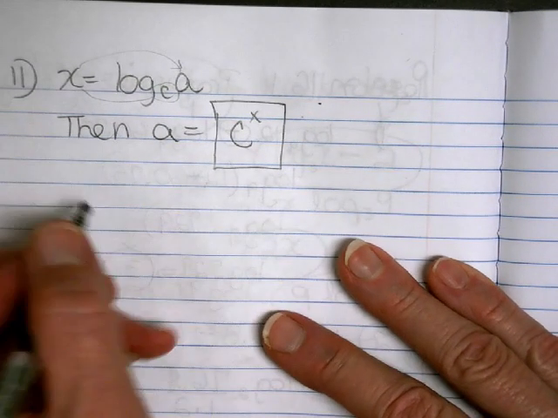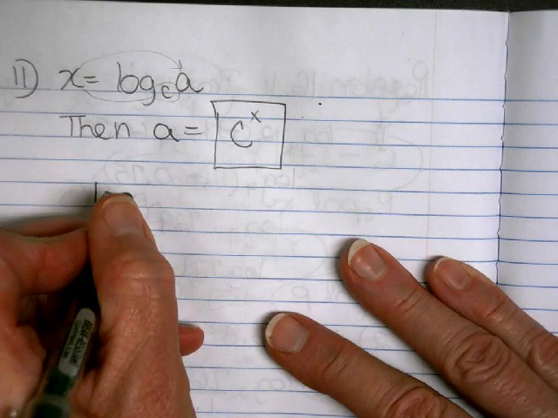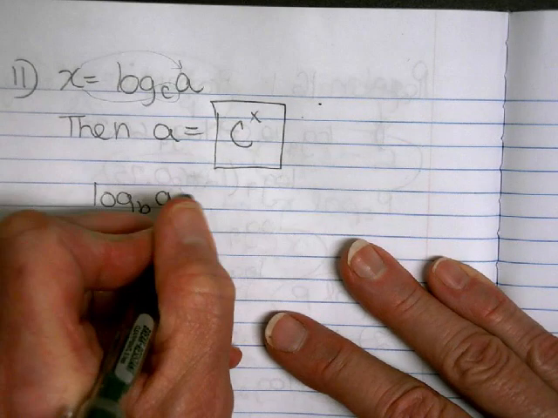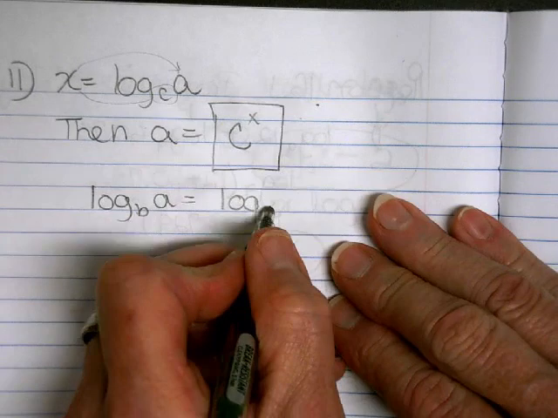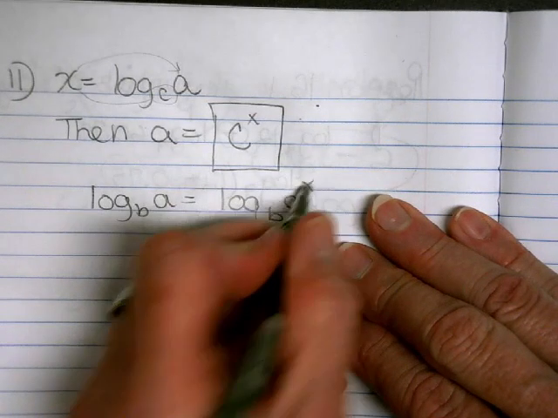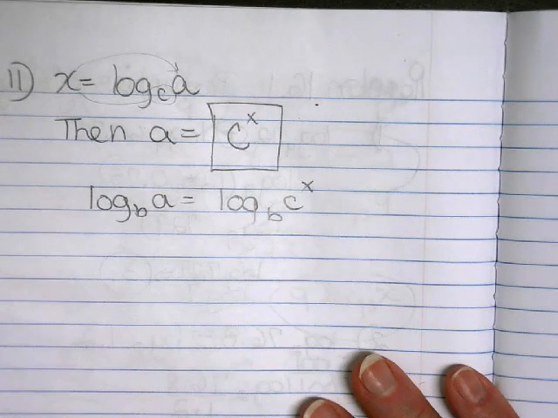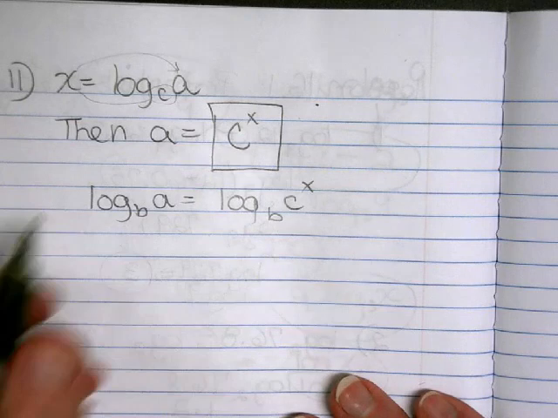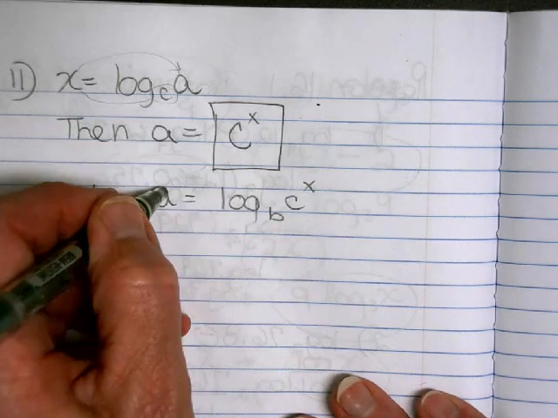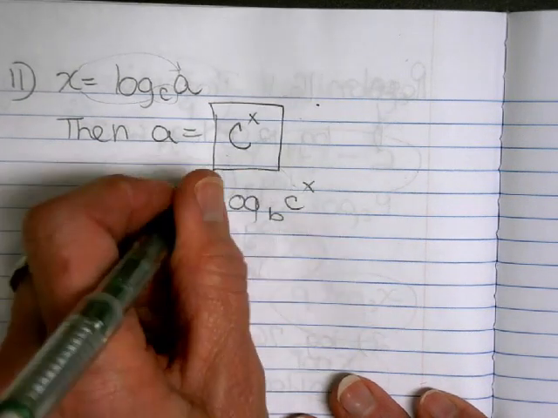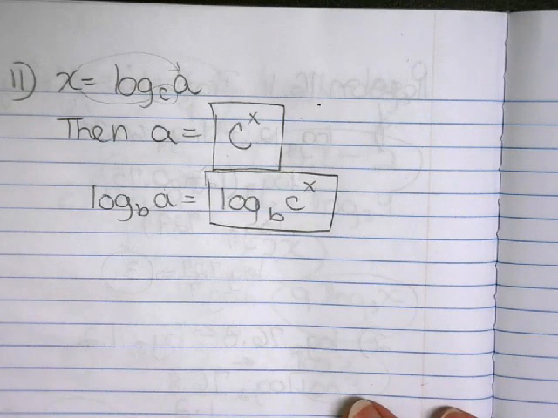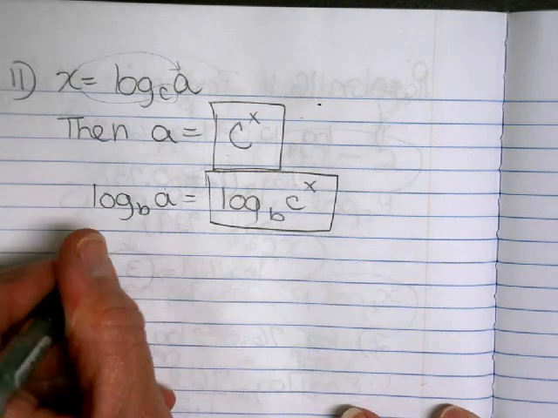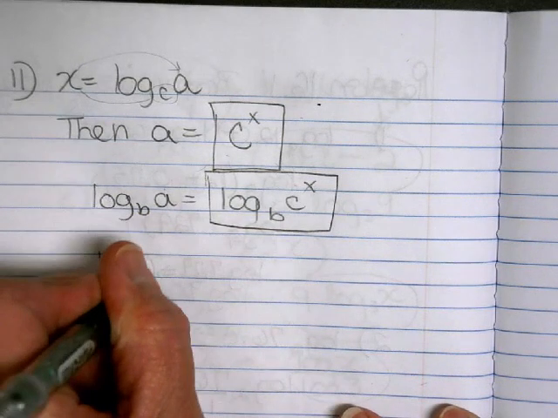So what am I going to do with that? Well, I'm going to take of a different base, log base b of a then is log, see how a is c to the x, base b of c to the x. So they just substituted, instead of a, they put c to the x. Definitely a chess move.